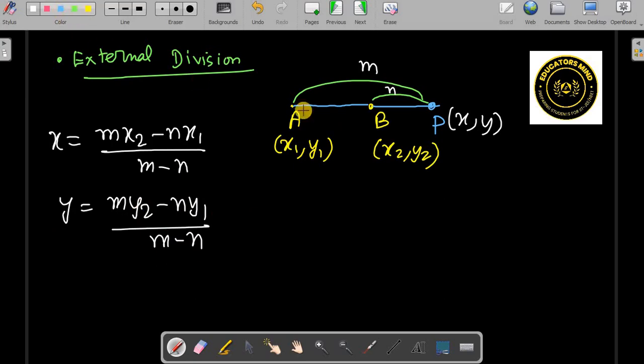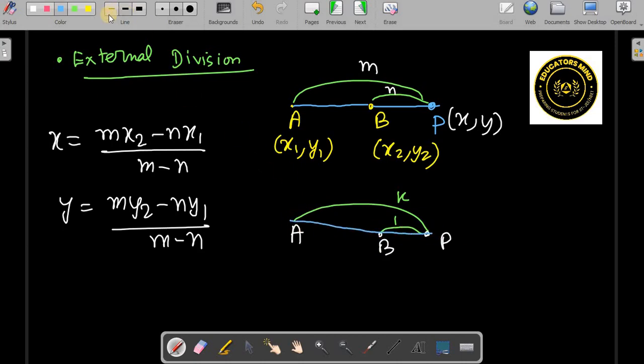And in case the ratio is taken as k is to 1, with this point A and this point B, and this point is P, they are lying on the same straight line.